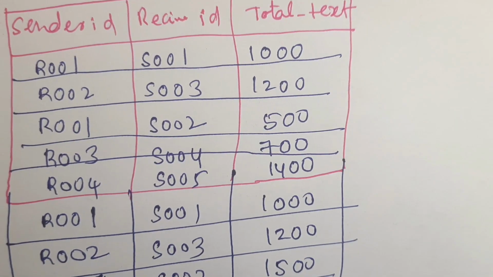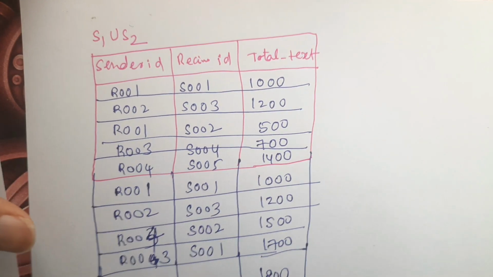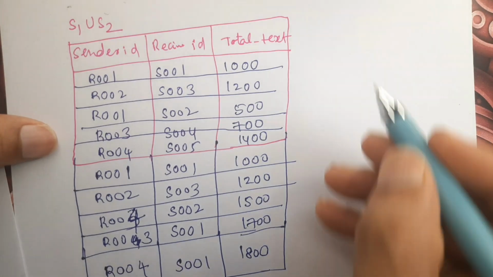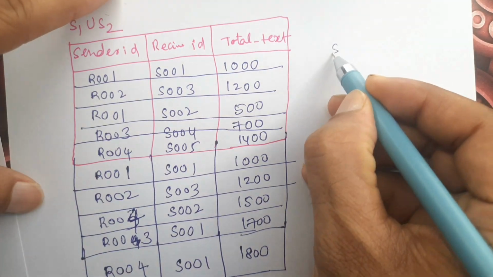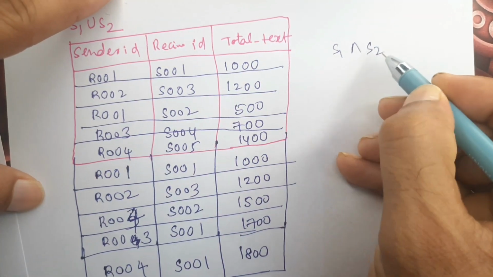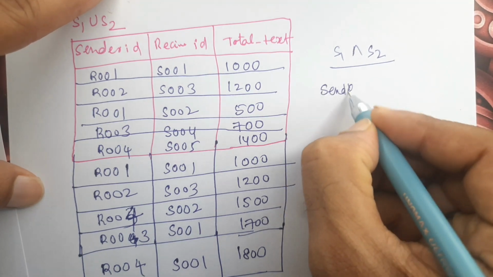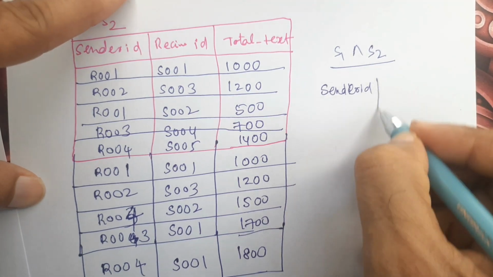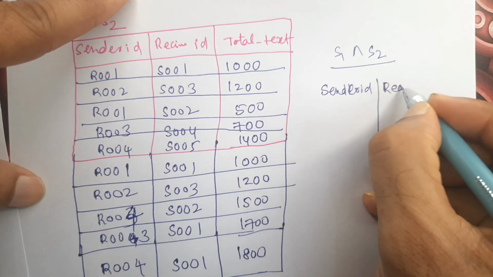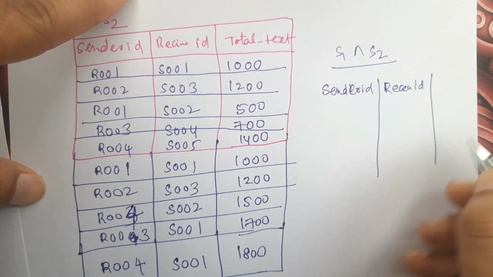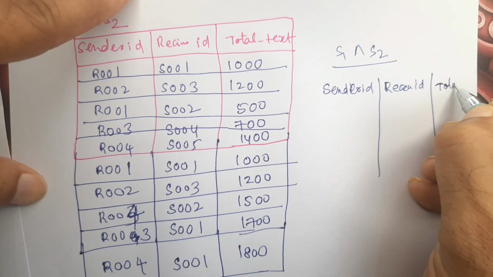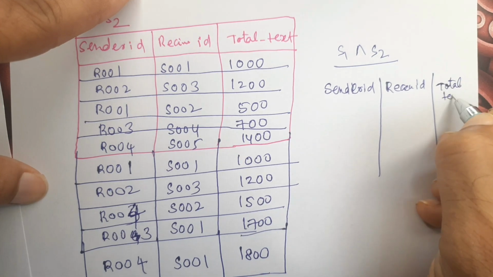So S1 intersection S2 is sender ID, receiver ID, total text.